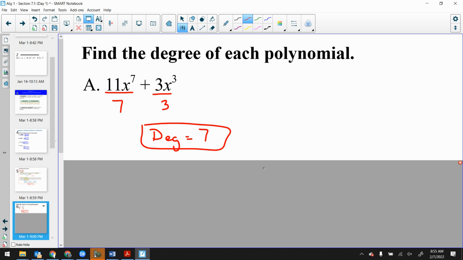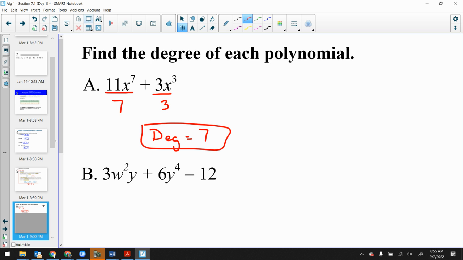You notice how this is 2 terms? We could call that a binomial, right? Still a polynomial, but we could call it a binomial. Because it's separated by 2 terms, we take each term as its own piece and then take the highest degree out of all of those.